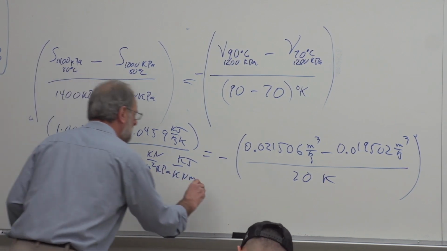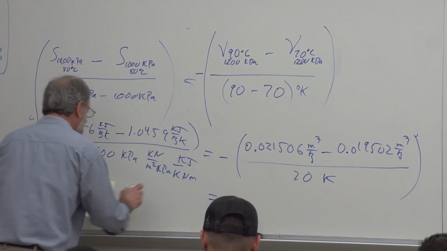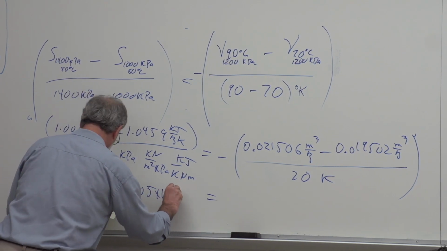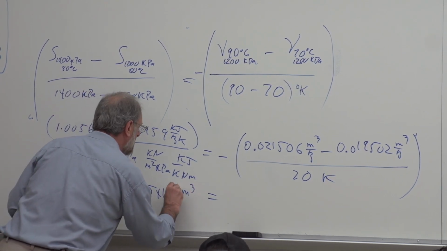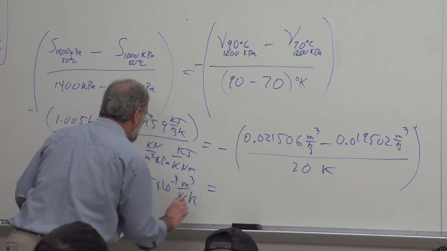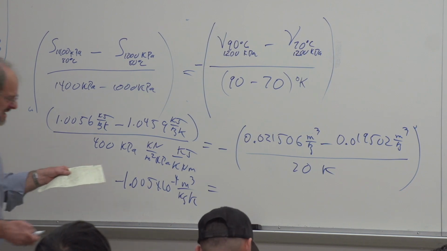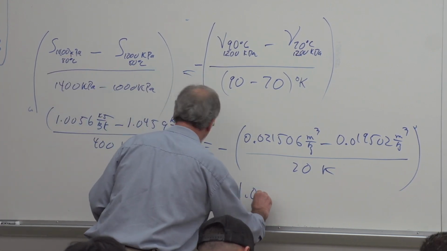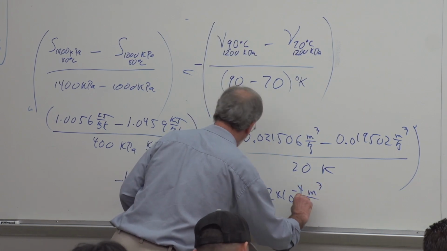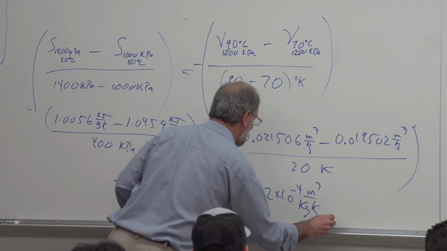So now let's go through the mathematics, and we end up with minus 1.005 times 10 to the minus 4th, and the units are going to be meters cubed per kilogram per Kelvin. And on the right-hand side, we have minus 1.002 times 10 to the minus 4th meters cubed per kilogram per Kelvin.